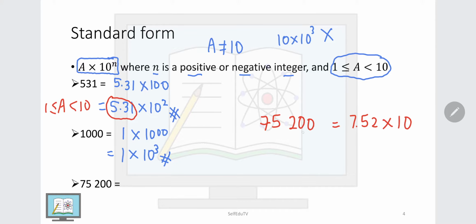You shift the decimal place. This one is 75,200.0, so you shift the decimal place until you get 7.52. Let us shift 1, 2, 3, 4. So 10 to the power of 4.